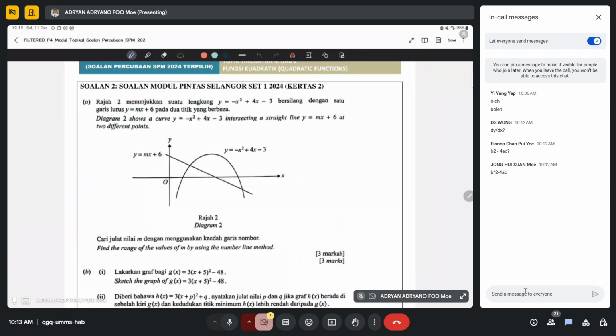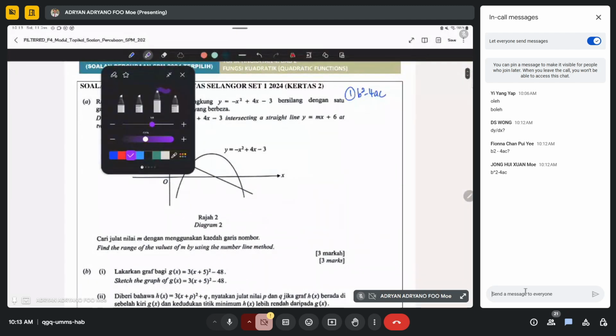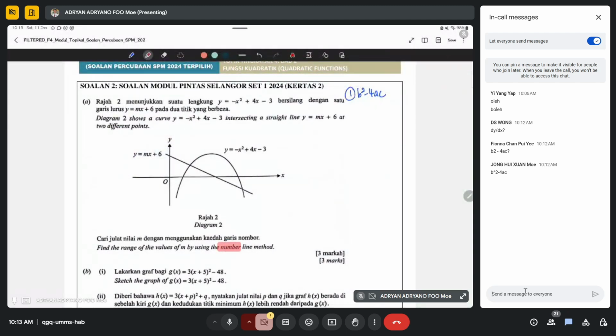Okay, 我要做的是这个东西, so what should you do first? Now we have two y values, right? 我们有 y equal mx plus 6 and then y equal negative x square plus 4x minus 3. So 我们要用 b square minus 4ac. That is your first step. Okay, but the problem now is 我看到你们的 trial 很多出这个 number line method.